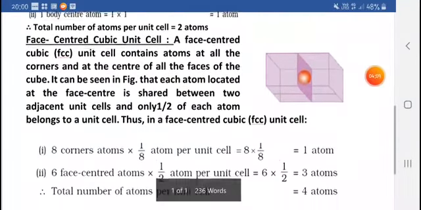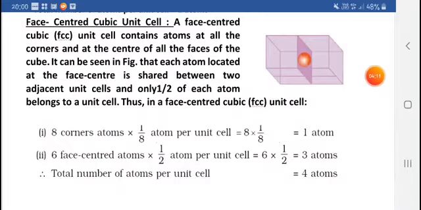Next we will discuss the face centered cubic unit cell. We know that a cube has 6 faces, and the contribution of one atom present at a face is 1 by 2 because it is shared with one adjacent unit cell. So its contribution is 1 by 2.